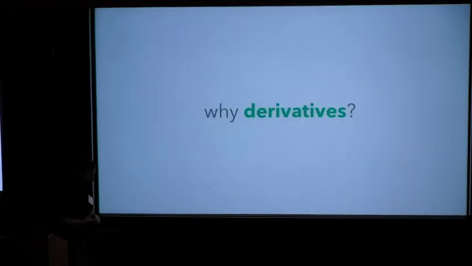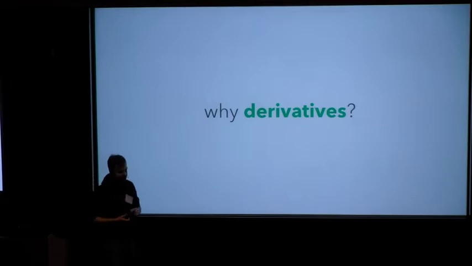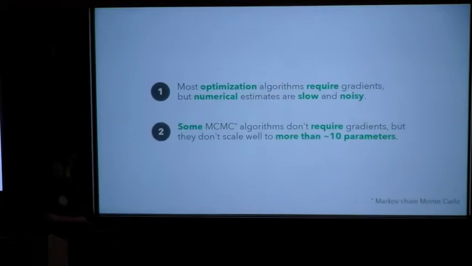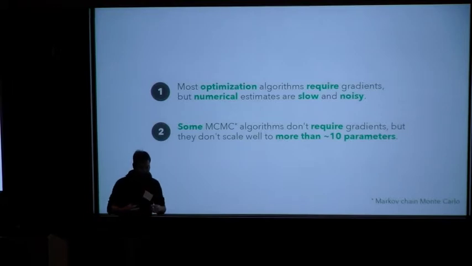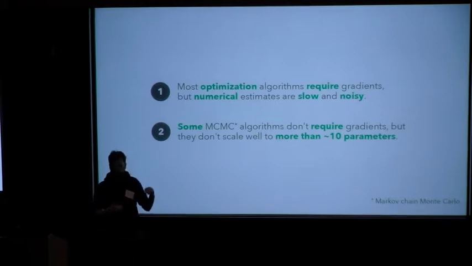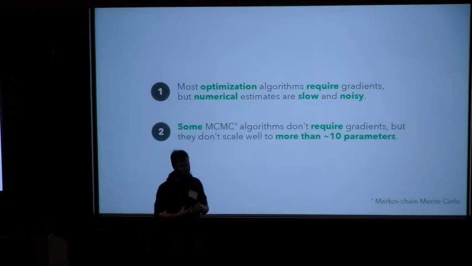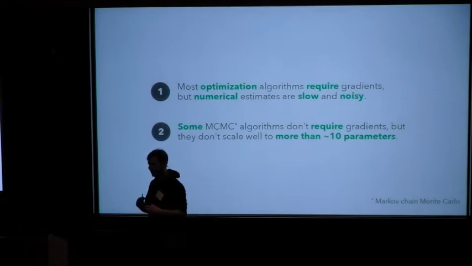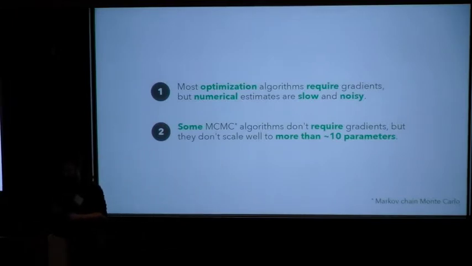So I asserted that derivatives are going to be important, but I just wanted to mention a few examples for why. And one is that I said that the things that you want to do are optimize or sample most of the time. And in most cases, the state-of-the-art algorithms for optimizing a function actually require computing the derivatives of your objective function.